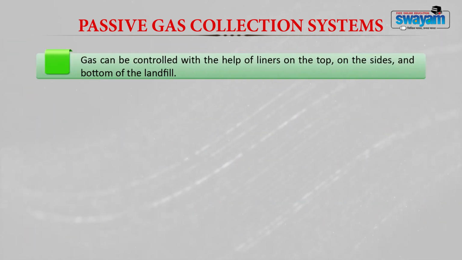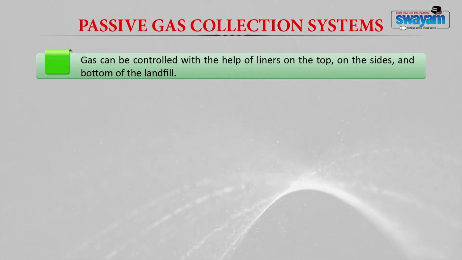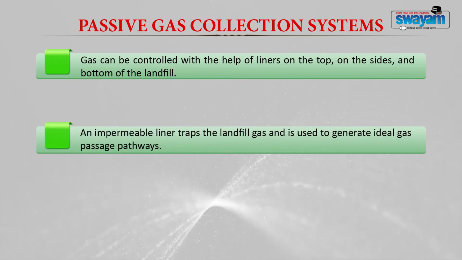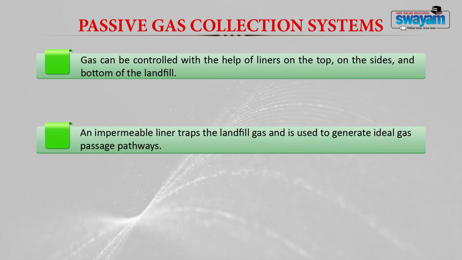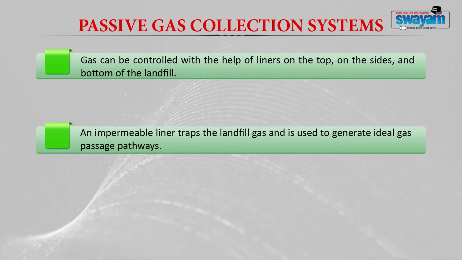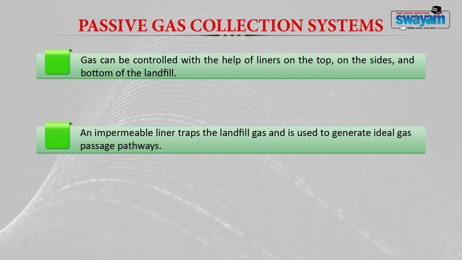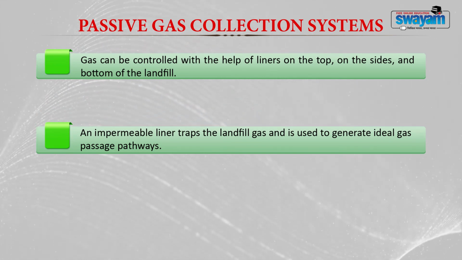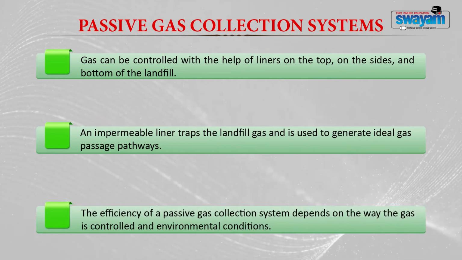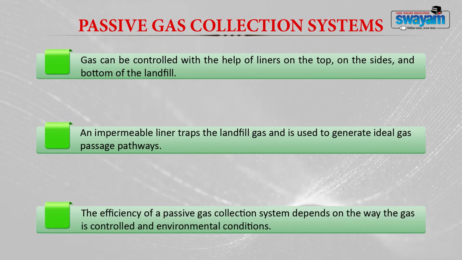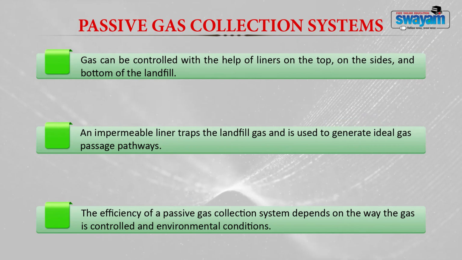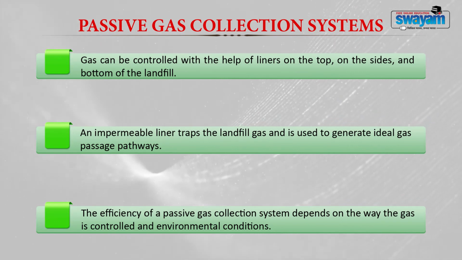Gas movement can also be controlled with the help of liners on the top, sides and at the bottom of the landfill. An impermeable liner will generally trap the landfill gas and will generate an ideal gas passage pathway.